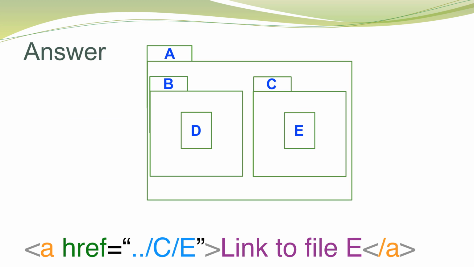The answer is href equals ../C/E. So what we had to do is we first had to get out of the folder we were in, go into folder C, and then find file E within folder C.